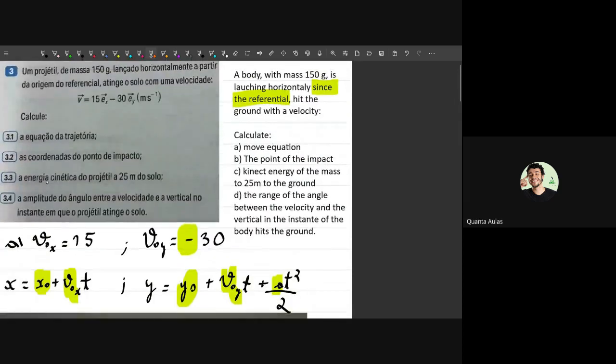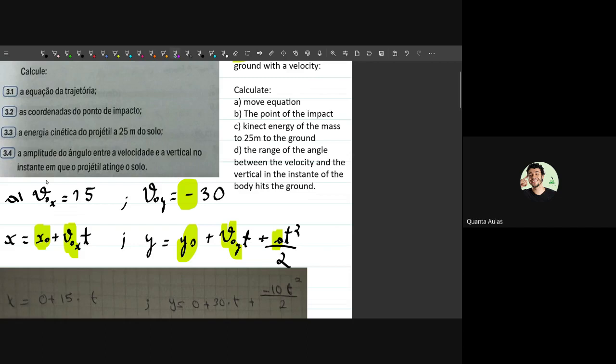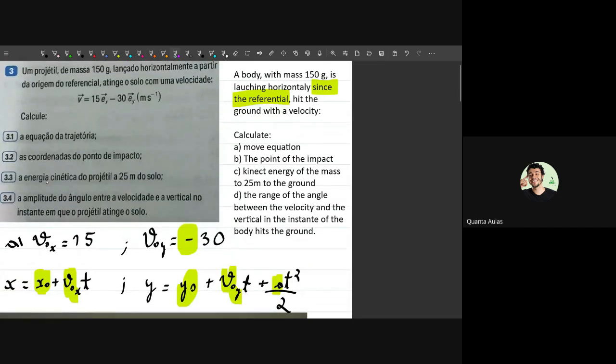Our draw is here. But to understand the point of the impact, you need to remember... Man, sorry. I understood everything wrong here, and I suppose I taught you wrong too, because this information here is not the initial velocities, man. Sorry, I am wrong.